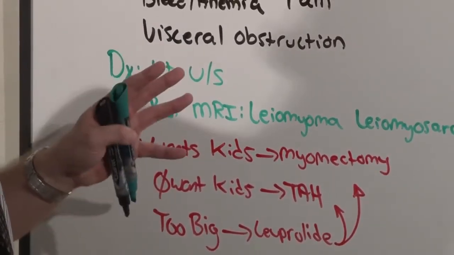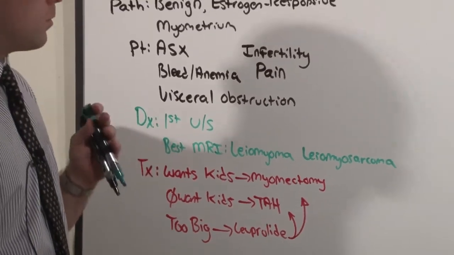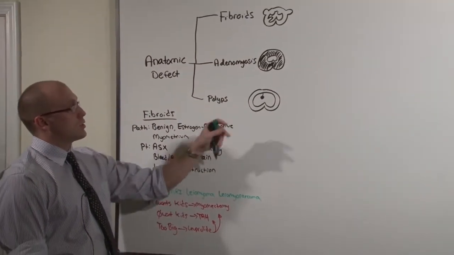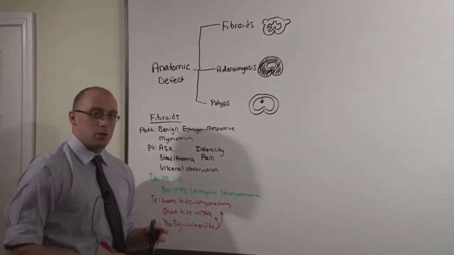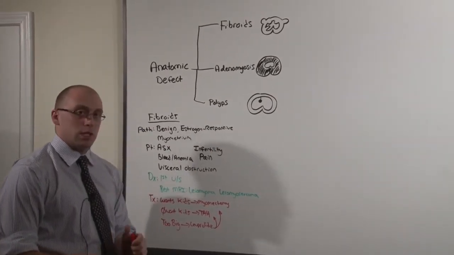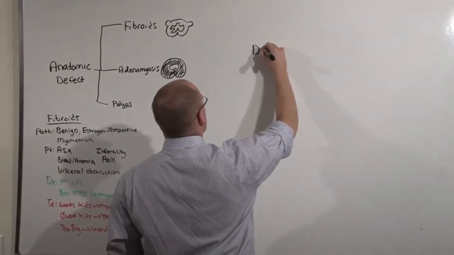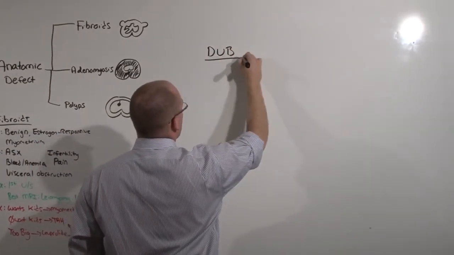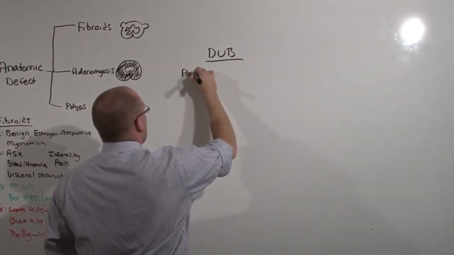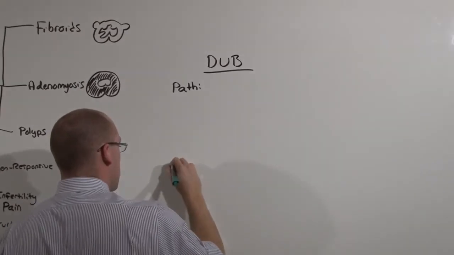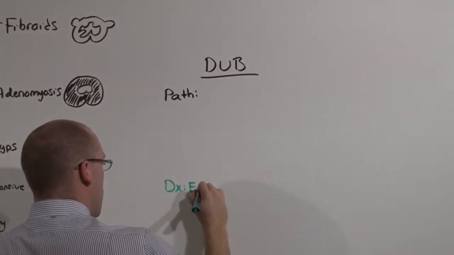So that is anatomy: fibroids, adenomyosis, and polyps, simply diagnosed on physical exam, ultrasound, or hysteroscopy. Let's now talk about the diagnosis of exclusion, the last one on our list: dysfunctional uterine bleeding. And I will say first that the way you diagnose it is by excluding everything else.